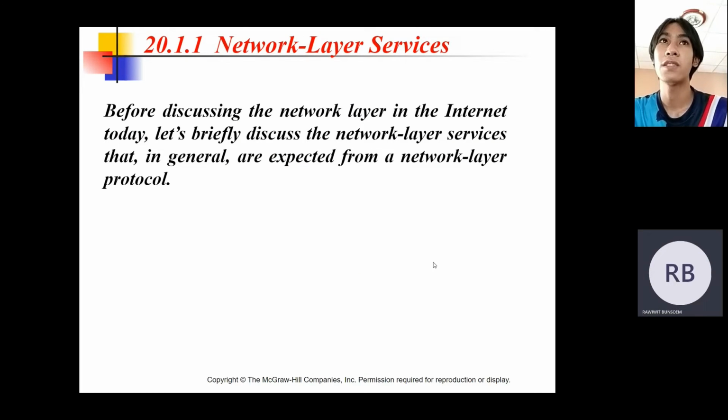Network layer service. Before we discuss the network layer in the internet today, let's briefly discuss the network layer services that in general are expected from the network layer protocol.